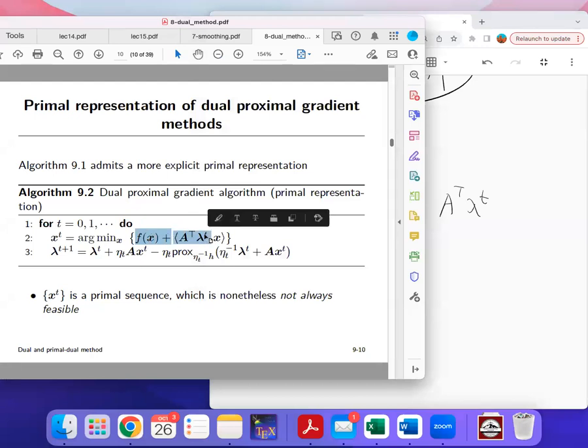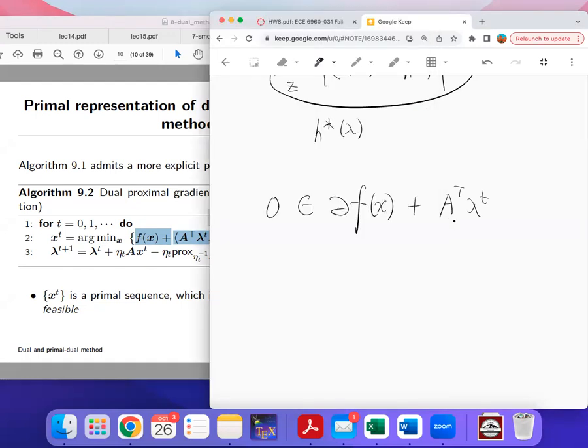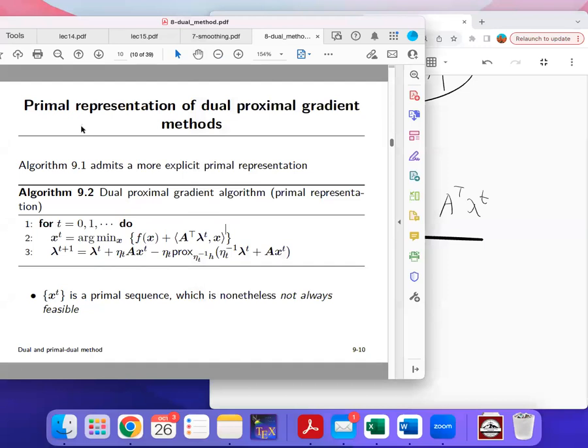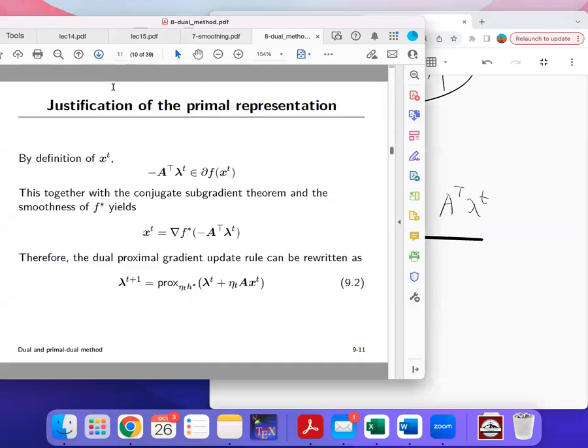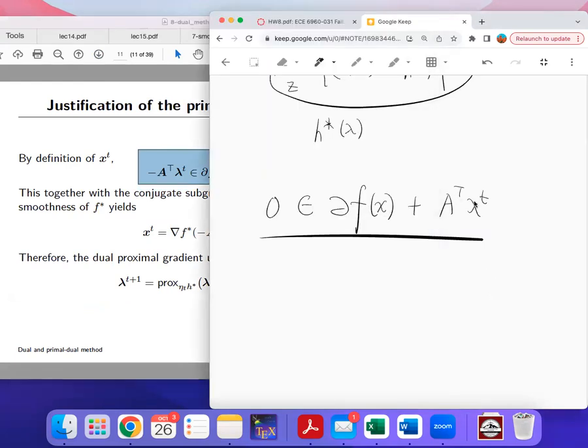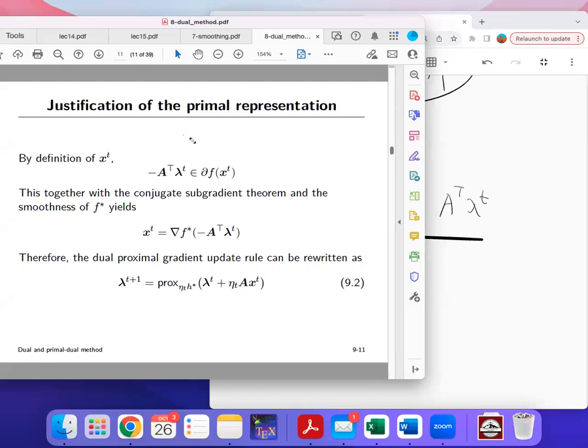That's the optimality condition. From this, we get this inclusion property: negative A transpose lambda t belongs to the subdifferential of f at xt. This is what you get from the first line of update.